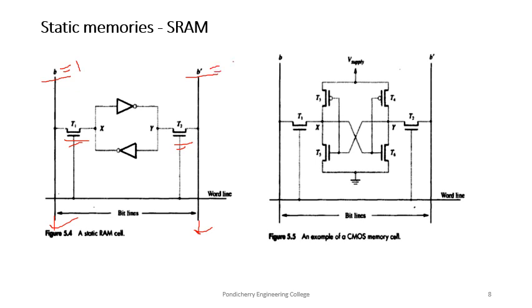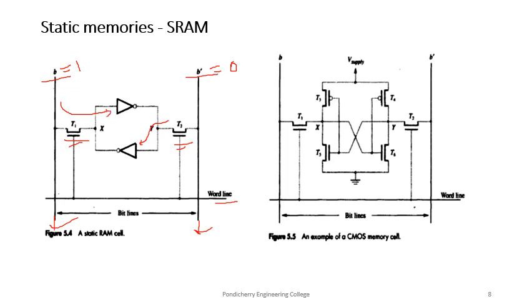Of course, the word line will be selected by using the proper address, and whenever the word line is selected, the transistors T1 and T2 will be conducting. So the inverter section is connected to the bit lines. So this 0 enters through T2 to the inverter input here, and similarly this 1 enters as input to this inverter.